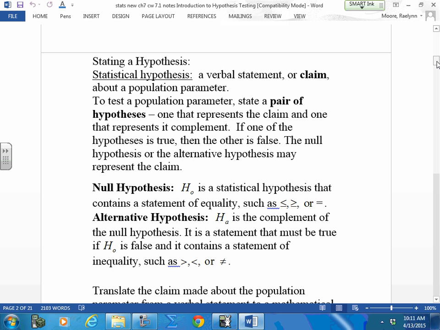To test this, you're going to actually make a pair, and I put this in your note page, so you might want to be going along your note page with me. You're going to test a pair of hypotheses. One is going to be a null, and the other one's going to be an alternative.